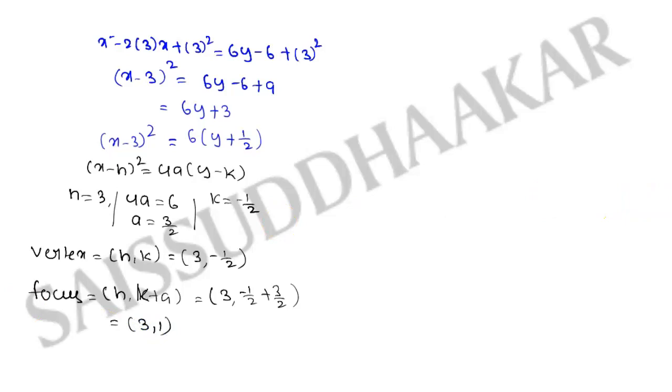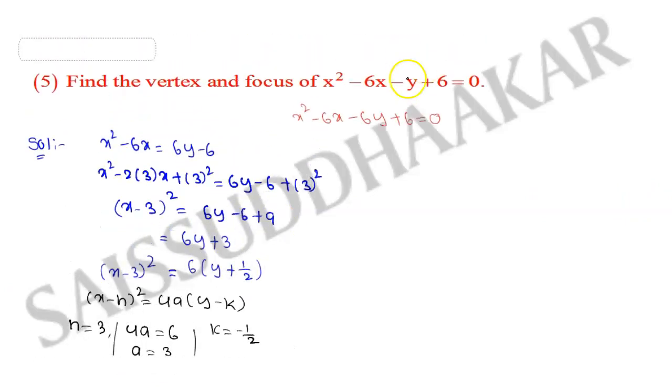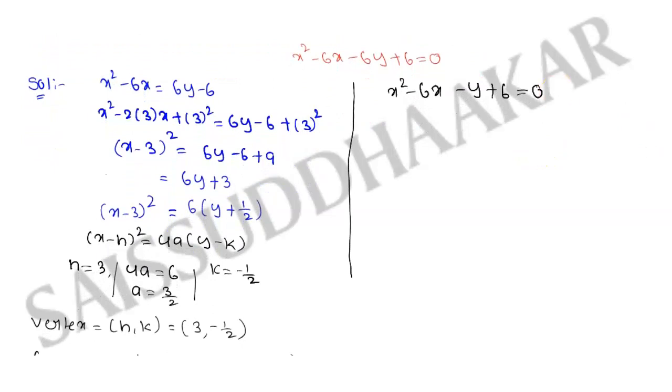Okay, right. Now if you go to the original question, I will solve that question also here. So x square minus 6x minus y plus 6 is equal to 0. If you take this question, I need to send the term minus y plus 6 to the right side. So x square minus 6x is equal to y minus 6.